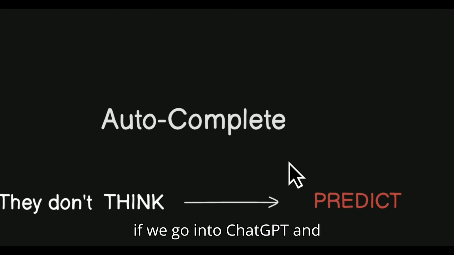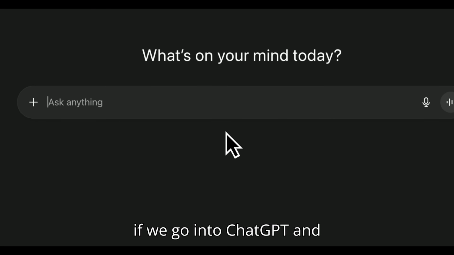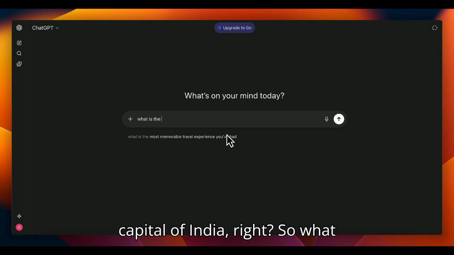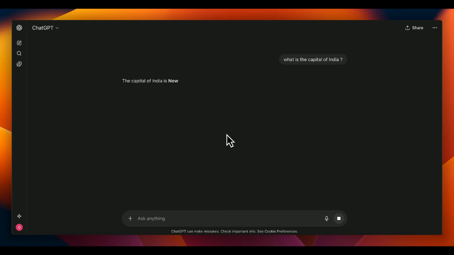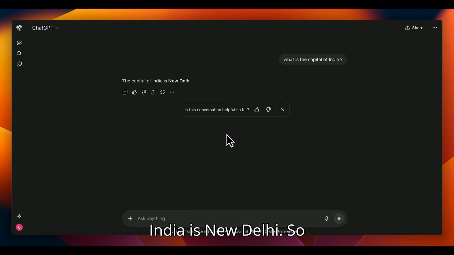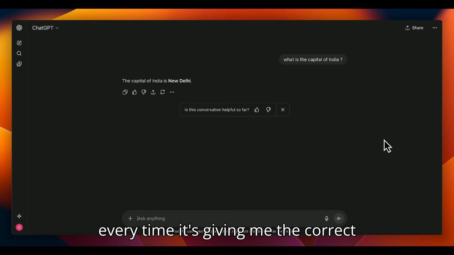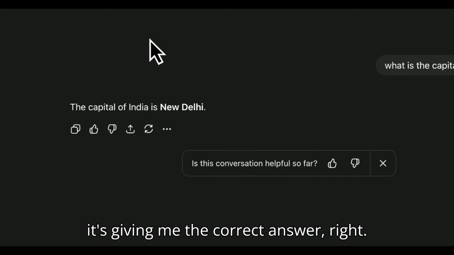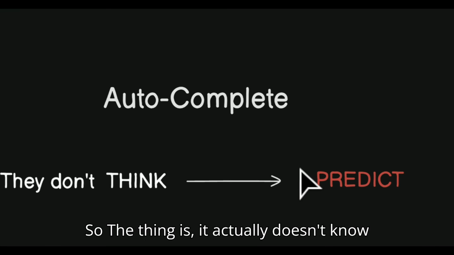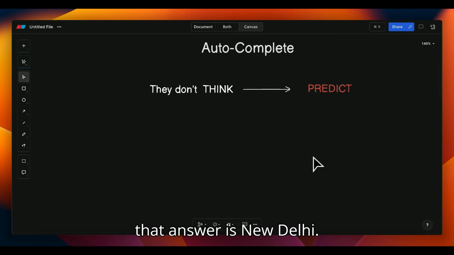Right. So for example, if we go into ChatGPT and write what is the capital of India, right? So it gives me that the capital of India is New Delhi. How is it giving me the correct answer? The thing is, it actually doesn't know that the answer is New Delhi.